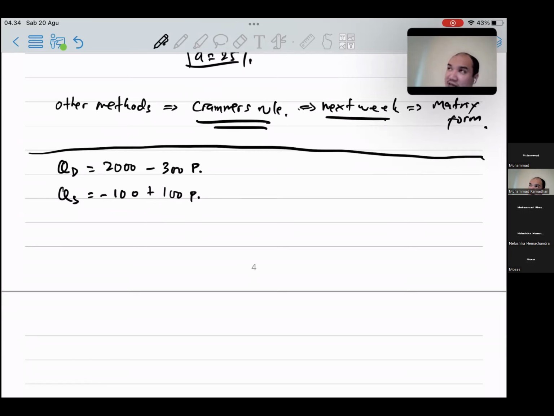If you are asked to determine what Q and P are in equilibrium, it means that you have to set QD equal to QS.